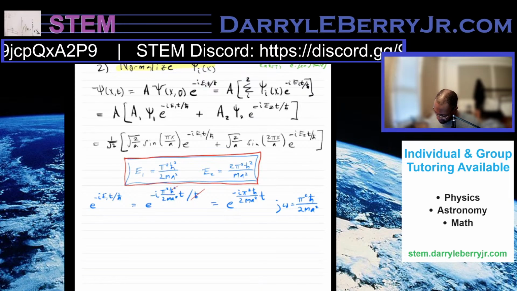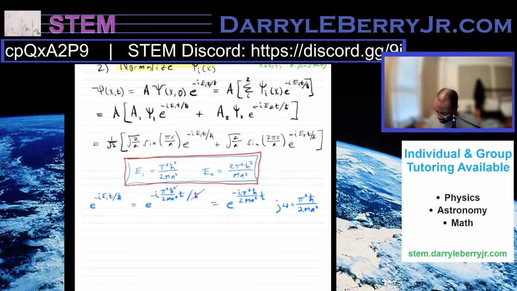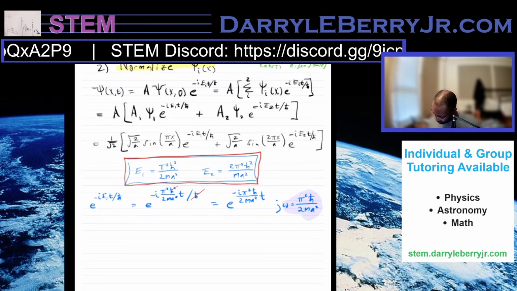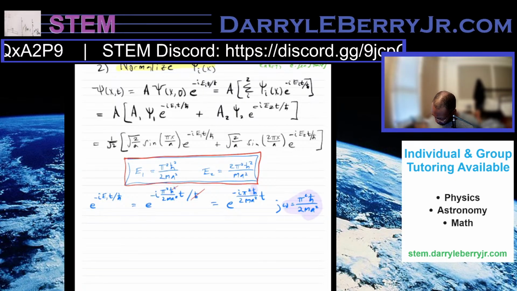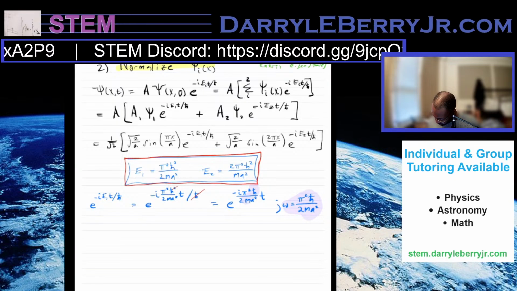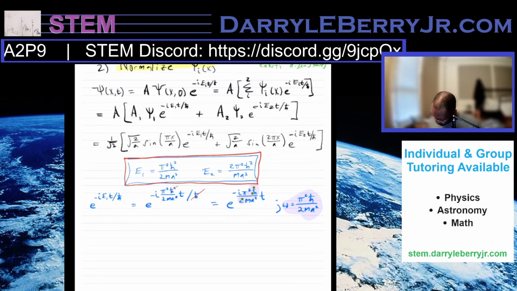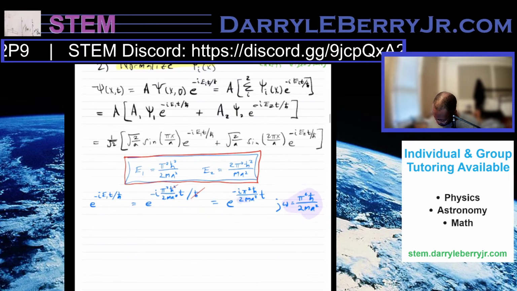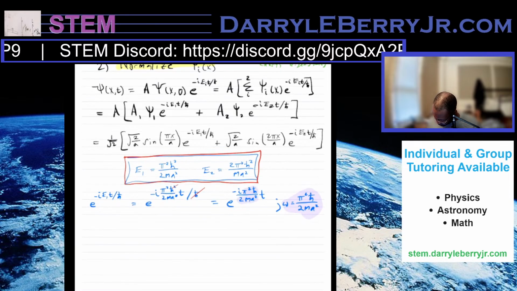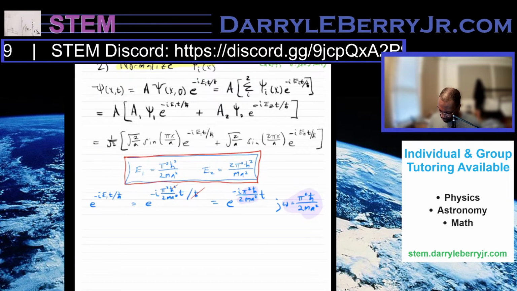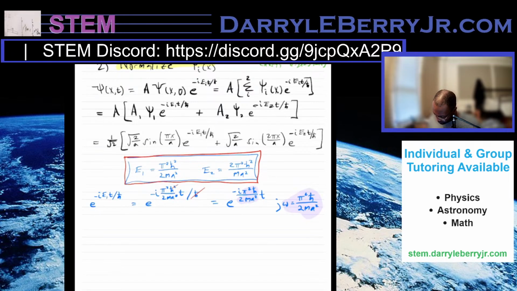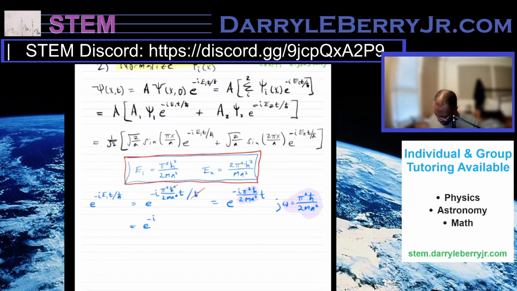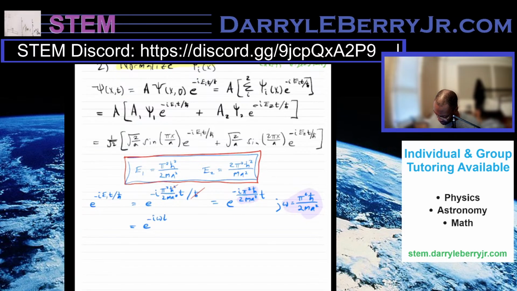So now we have pi squared, h bar squared, h bar pi squared over 2a squared equals e to the negative i omega t.